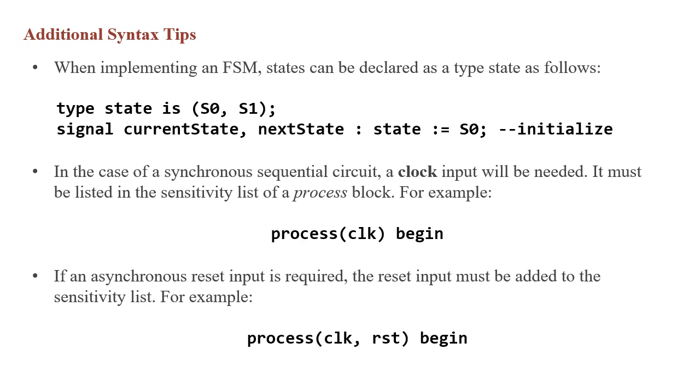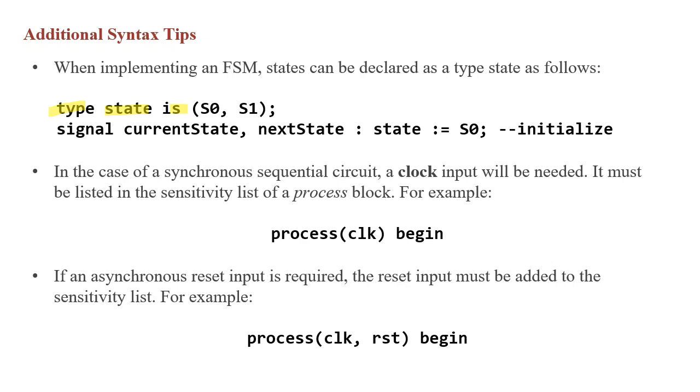When it comes to states, just like arrays, we have to declare the state as a new data type, and the structure goes as follows. So first you have to write type followed by state, and then you say is. After is, you need to list all the state names that you want in your design.